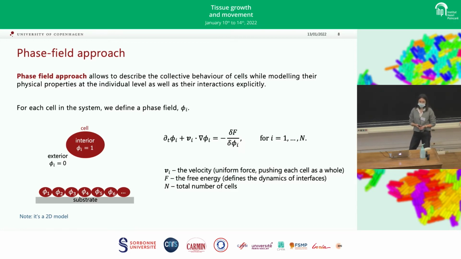And the dynamics of the phasefield is governed by this equation, and in it we have an advection term with the velocity v_i, and it acts on the cell as a whole without deforming the interface. And we have a functional derivative of the free energy, which sets the interface itself. And since we're modeling a monolayer, we have a lot of these equations, one for each of the cells.